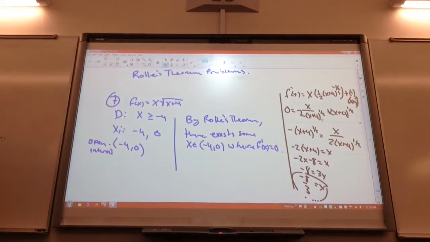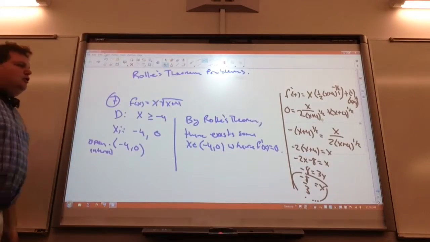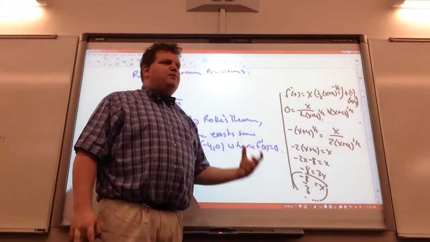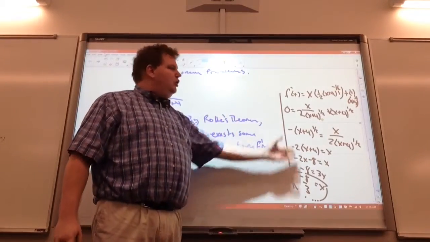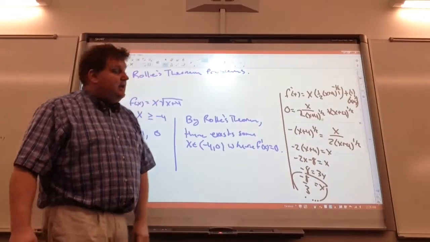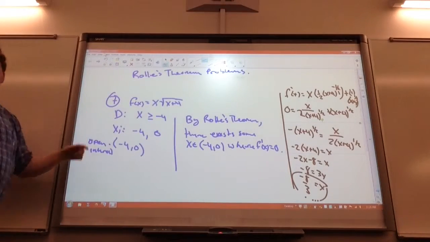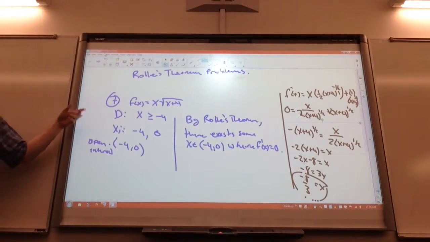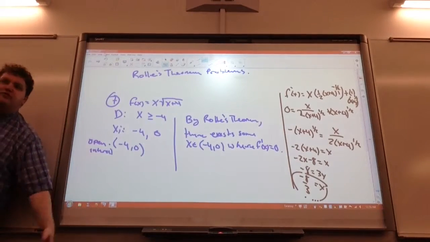Now, you might say, well, Mr. Dowell, if I can do that every time, why do I need to bother with Rolle's theorem? It's because there are functions out there which would be way too difficult to do this process to. But if I can find my x-intercepts, or if I can find 2 points where they're equal, I can confirm the existence of the critical point using just Rolle's theorem.